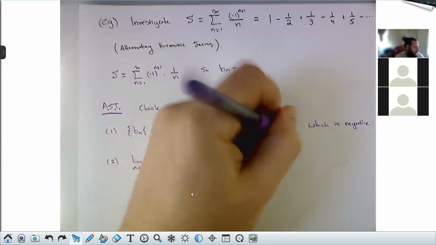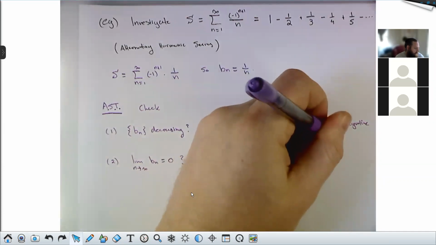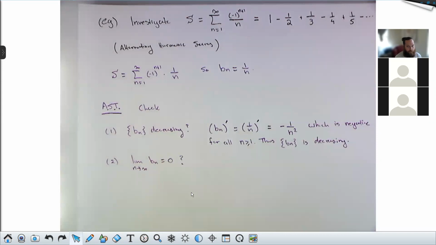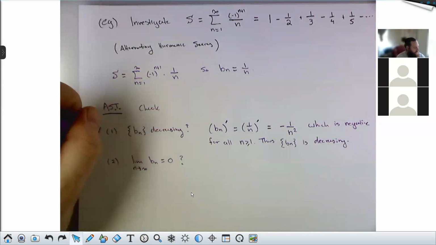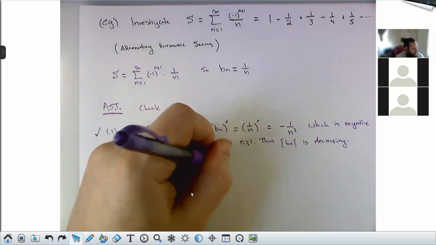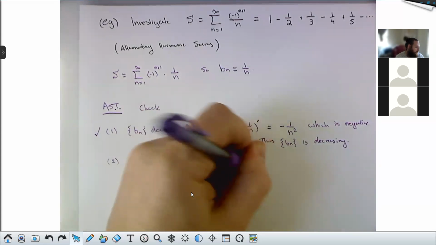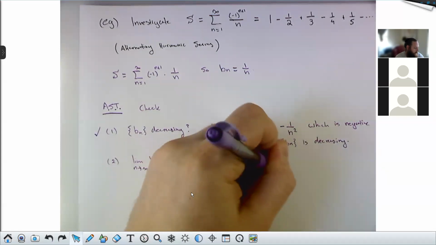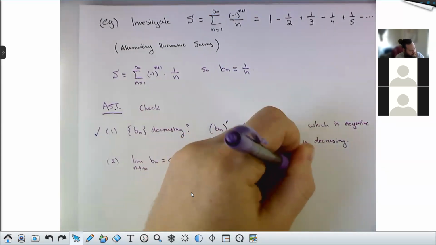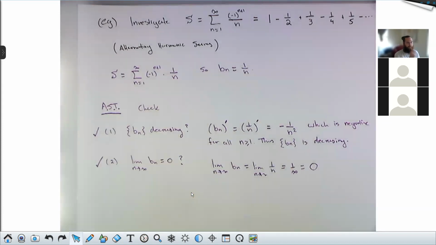Thus, yeah, Bn is decreasing. So it's a checkaroonie. Is the limit of the Bn 0? Well, the limit as n goes to infinity of Bn is the limit as n goes to infinity of 1 over n, which is 1 over infinity, which, yeah, is indeed 0. So that's a double checkaroonie. So according to the alternating series test, the series converges.